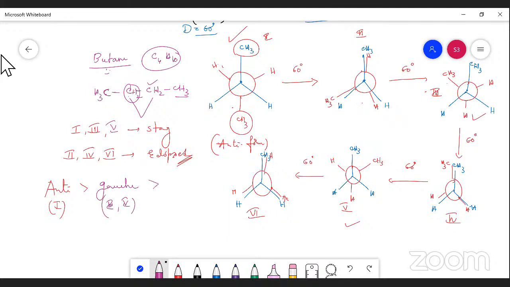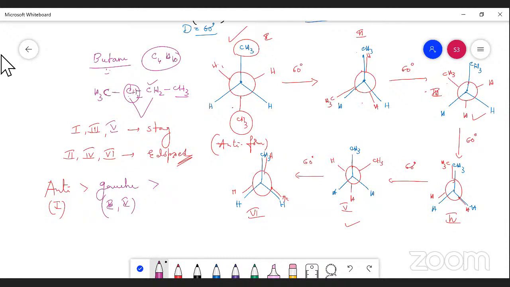Now come to the eclipsed structures. Here, 3 structures are there. In the second structure and the 6th structure, the methyl group overlaps a hydrogen.